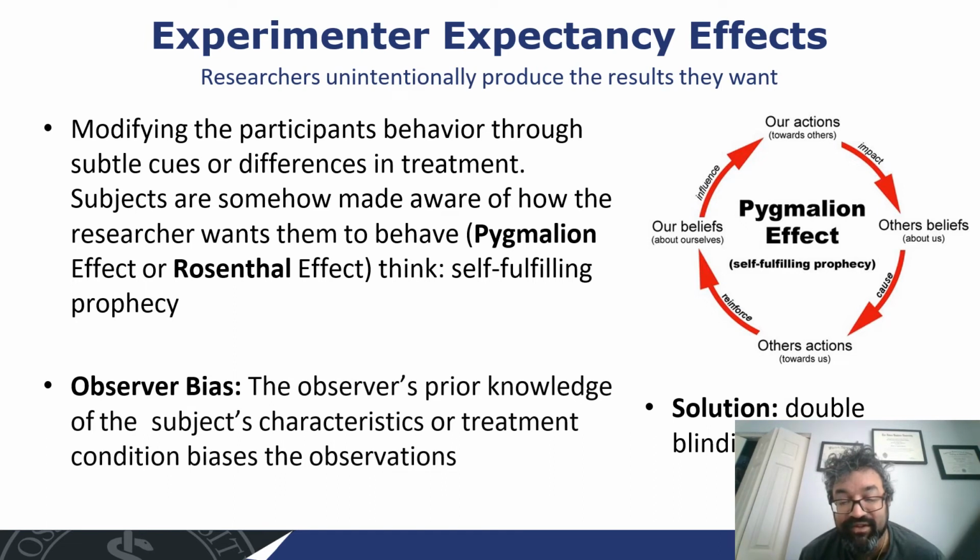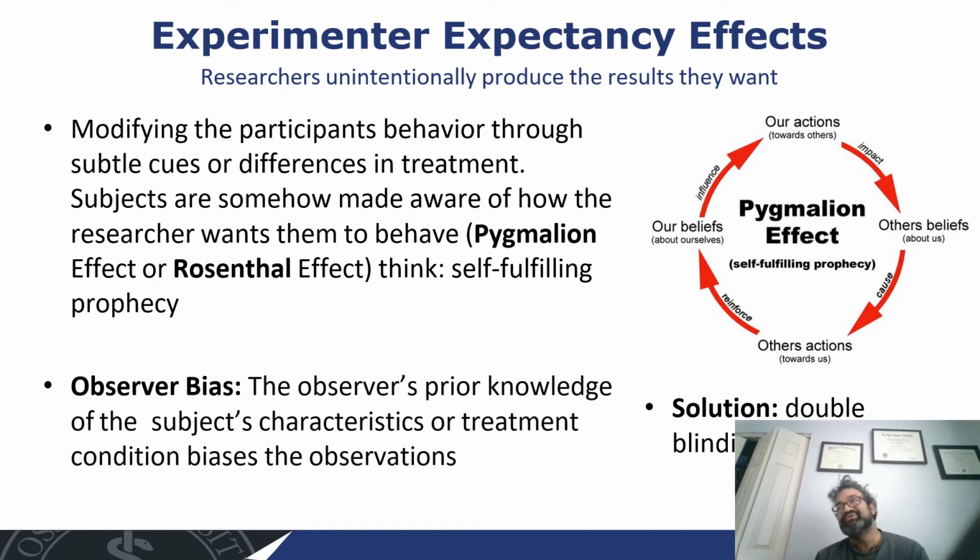The self-fulfilling prophecy cycle is provided. Our actions impact others' beliefs, and then that causes others' actions, and then reinforces our beliefs, and then influences our actions, and then once more impacts others' beliefs, others' actions, our beliefs, our actions.